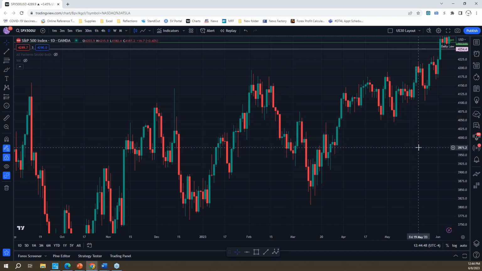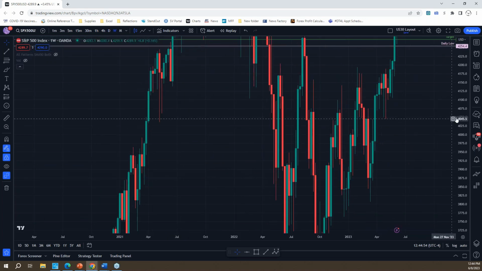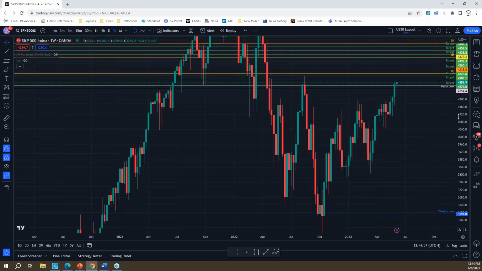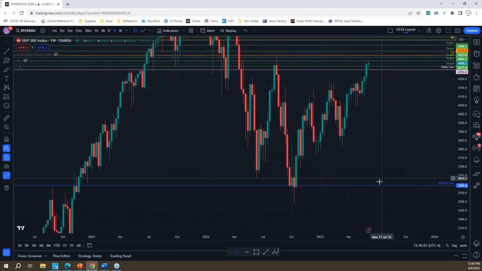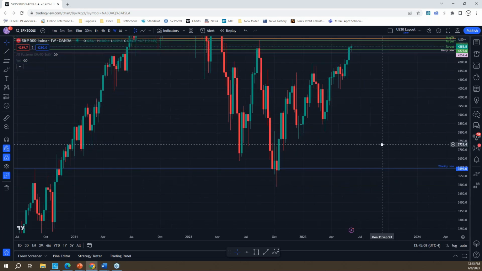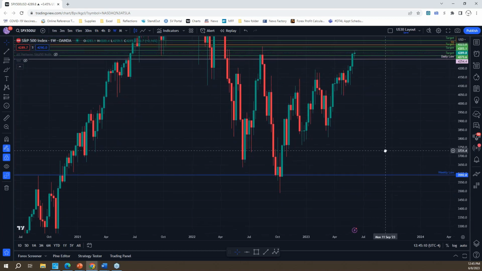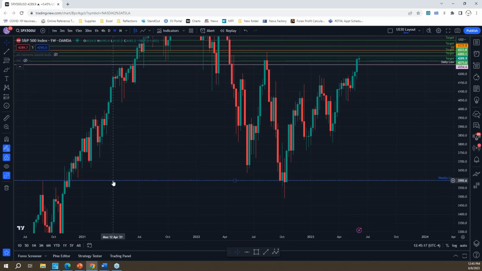We have our prices listed over here to the side, and I'm going to shift to a weekly view and scrunch this down a bit. You can see that these levels have been here for at least a year, and the market overall has respected them, right?